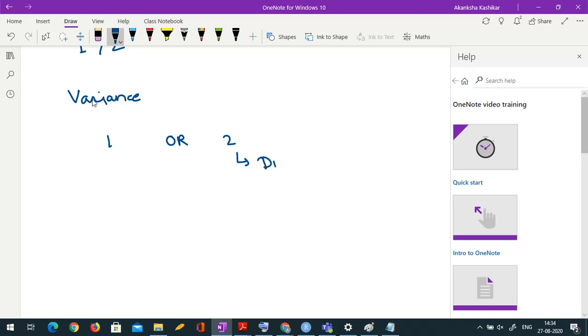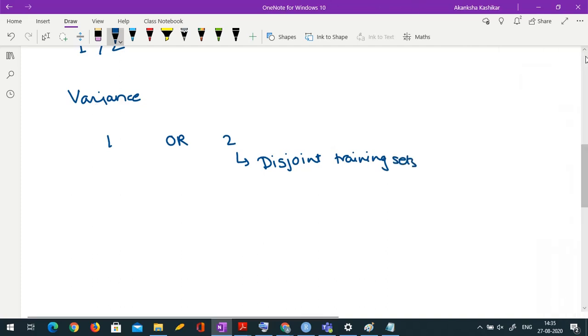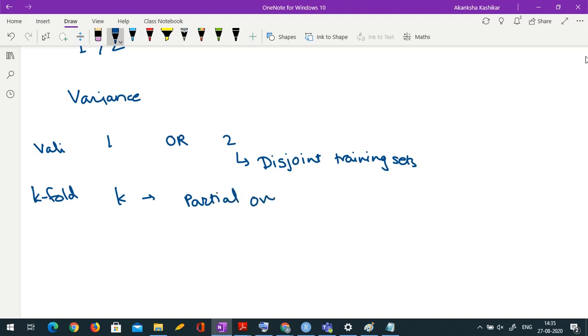Okay, so these are based on disjoint training sets. So this is in the validation set approach. In k-fold CV we have k estimates of test error. So these are partially overlapping training sets.